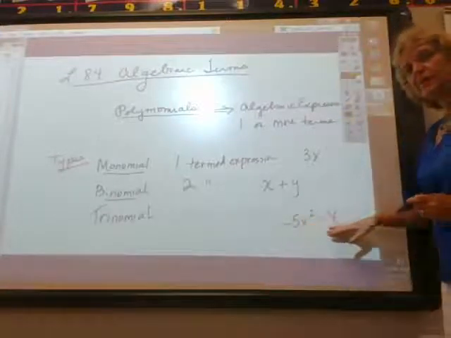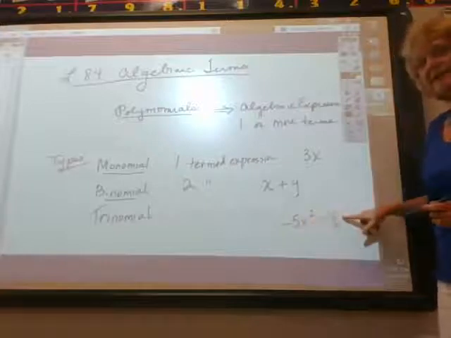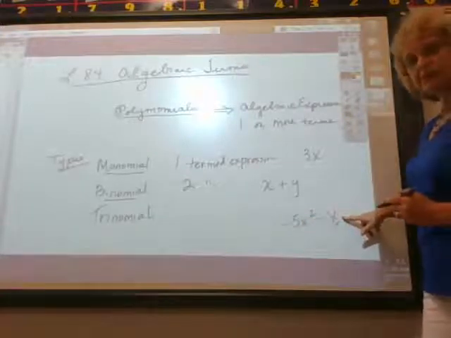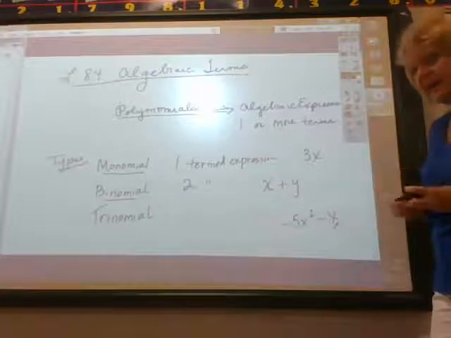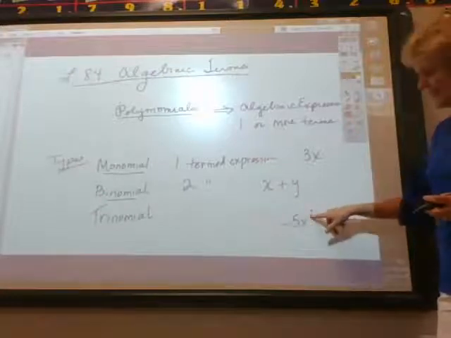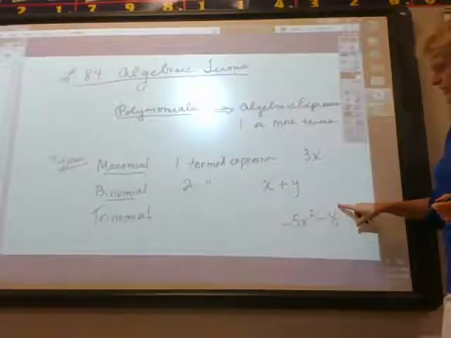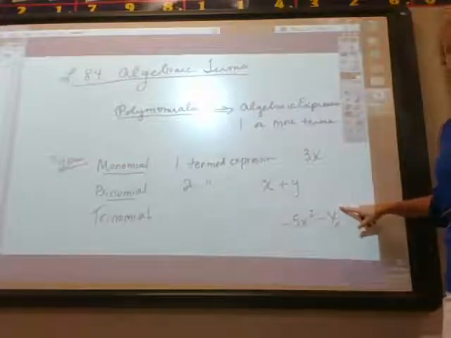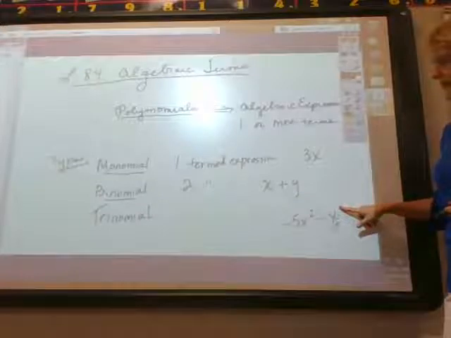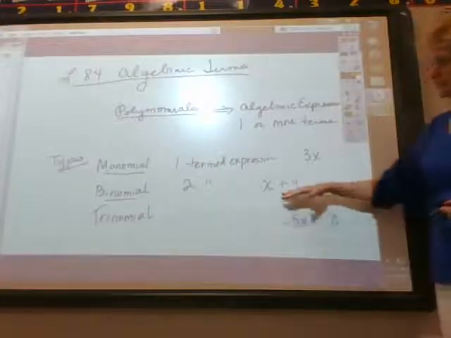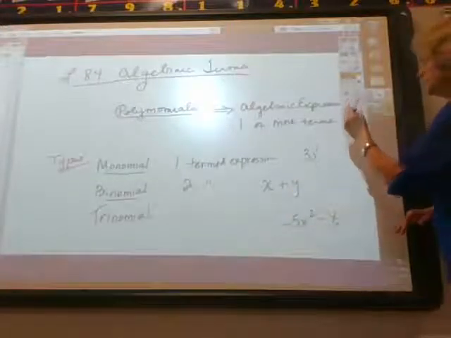That's still a binomial because these are not like. Remember when we talked about like terms in the past, we said exactly the same letter and exactly the same exponent. So this has an exponent of 2. This has an implied 1. They're not like. All right? So these would be examples of binomials.